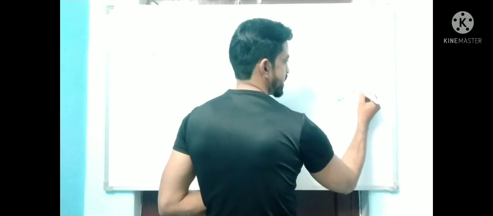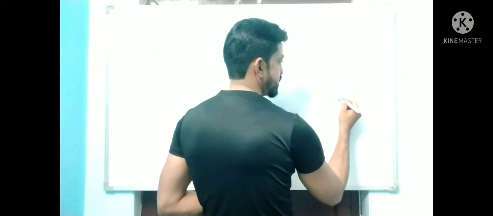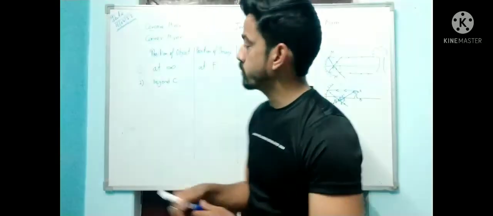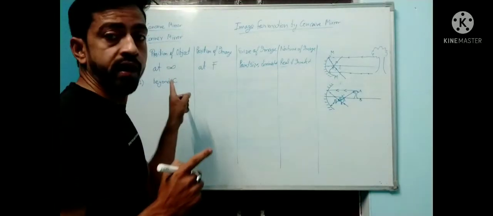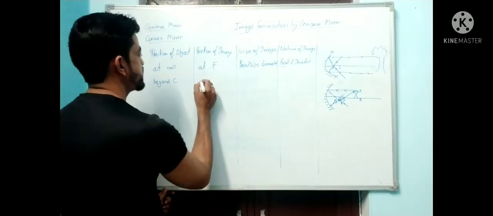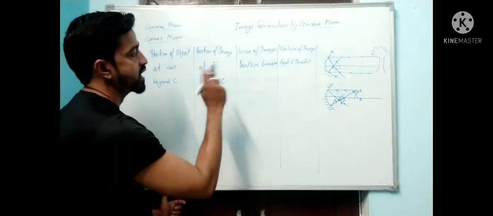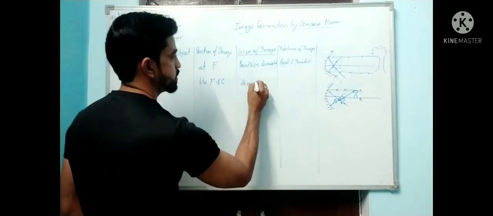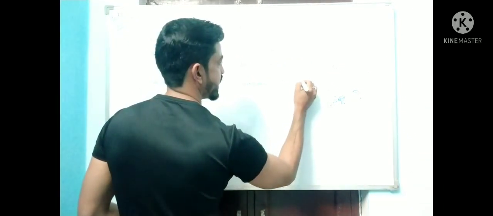Suppose your object is AB, so the image becomes inverted, A dash B dash. So whenever you put your object beyond C, the position of image is formed between F and C, the size of image is diminished, and the nature of image is real and inverted.